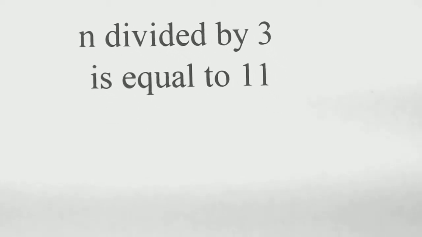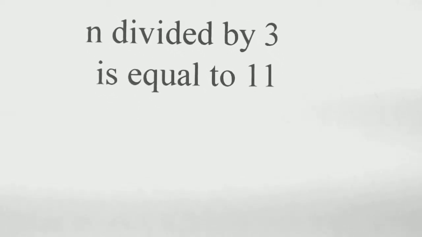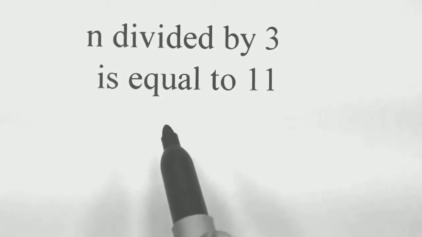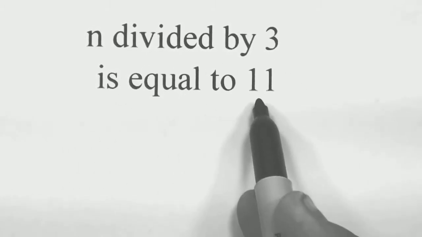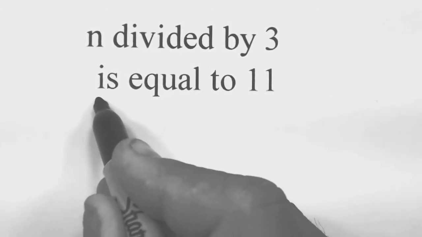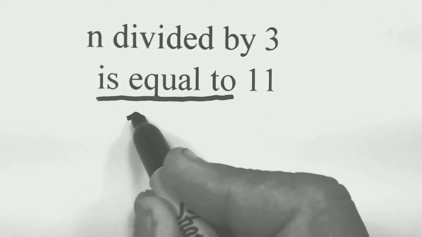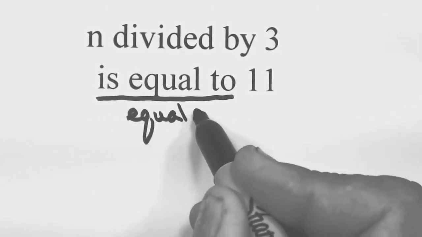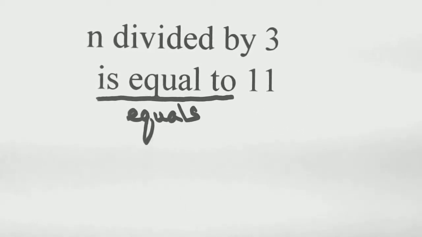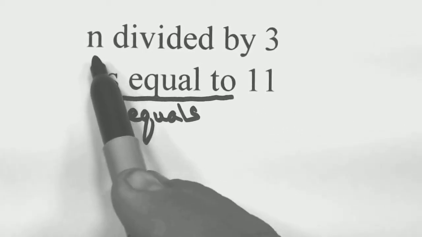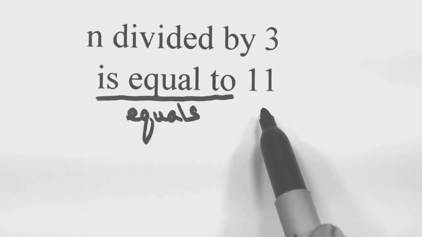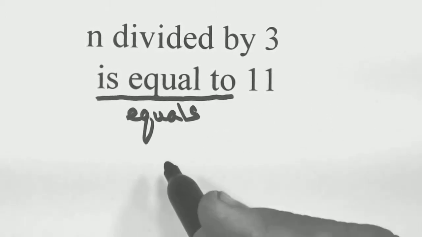Okay, how can we indicate division? Well, here's an example. n divided by 3 is equal to 11. Again, we can tell this is an equation because we've got words here which can be replaced with equals. So we know there's an equal sign here. If we read this "n divided by 3 equals 11," it would mean exactly the same thing.